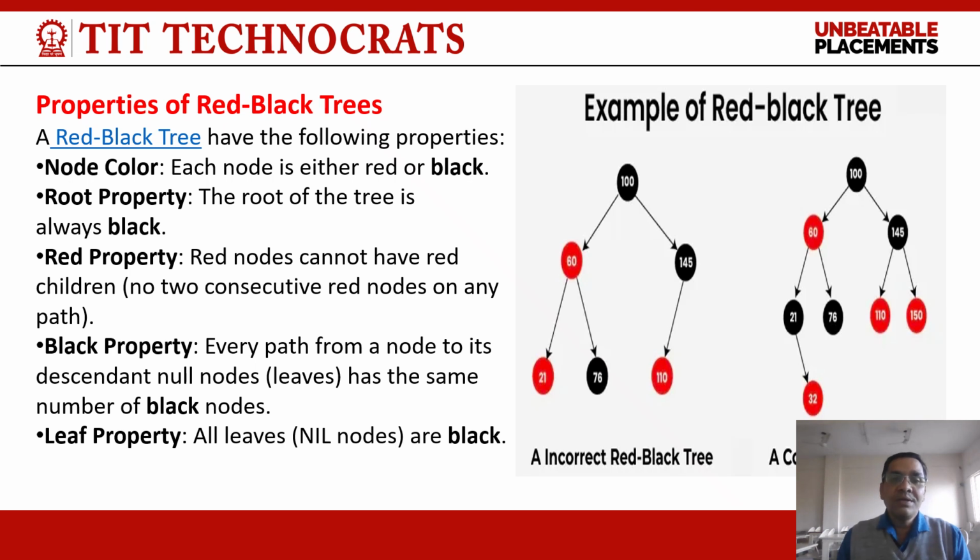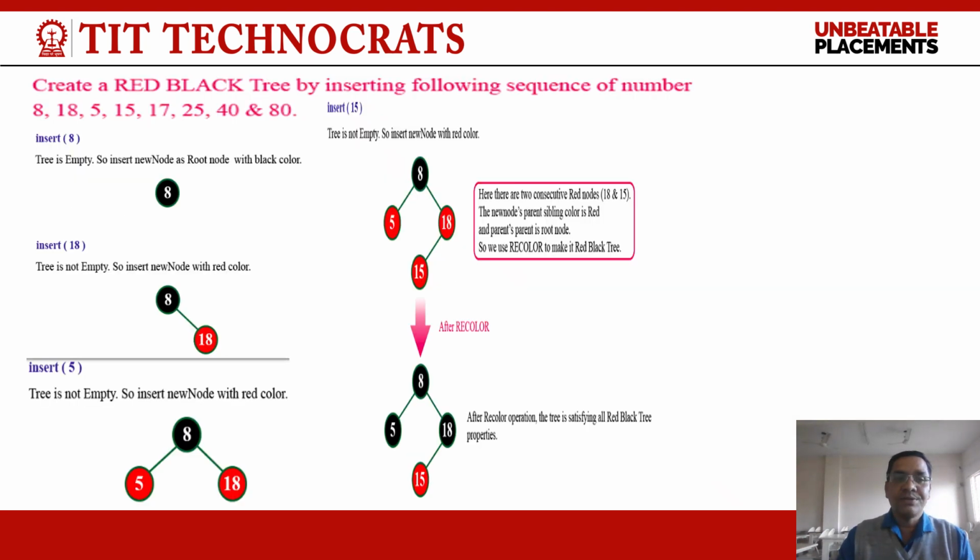Red property: red nodes cannot have red children, that means no two consecutive red nodes on any path. Black property: every path from a node to its descendant null nodes, also called leaves, has the same number of black nodes. Leaf property: all leaves, that is nil nodes, are black.